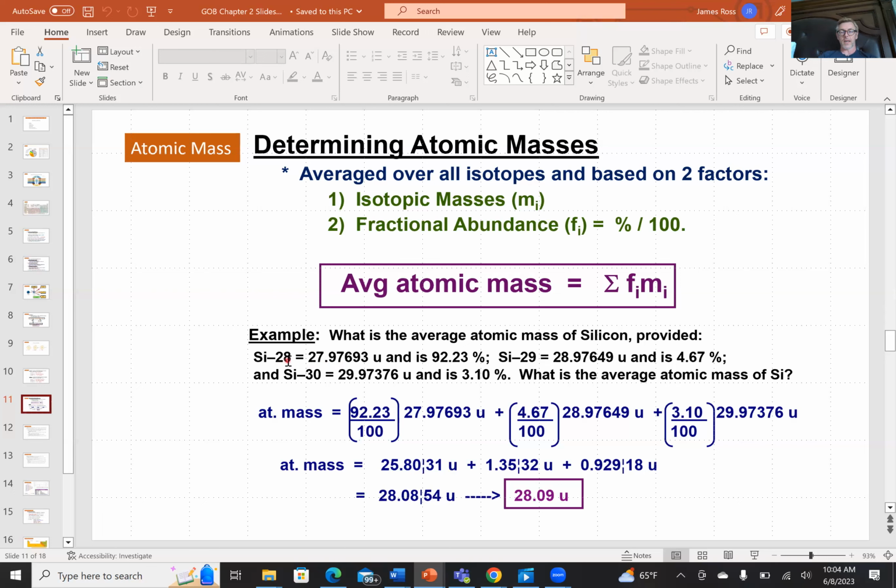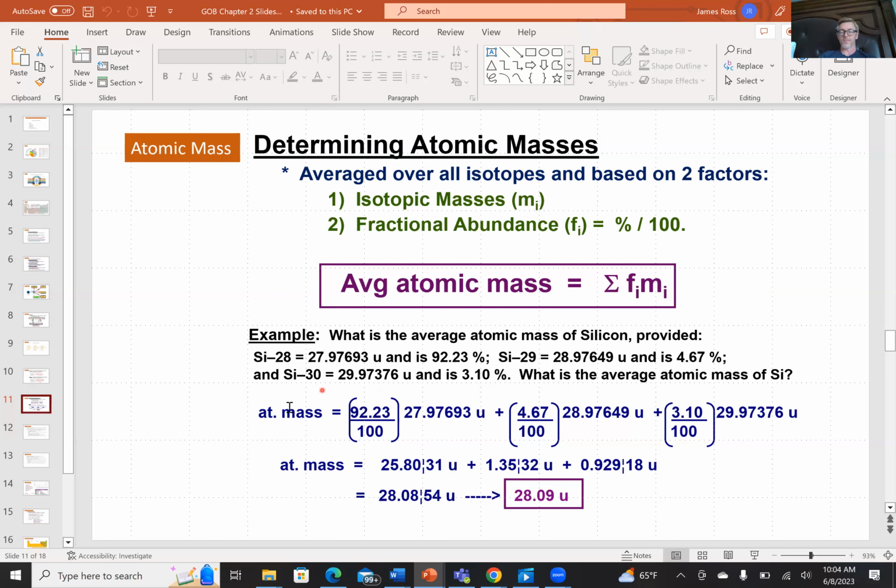You have 92.23% of silicon-28, and we've got the exact mass of silicon-28. 4.67% of silicon-29, and we have the exact mass of silicon-29. And 3.10% of silicon-30, and we have the exact mass of silicon-30.